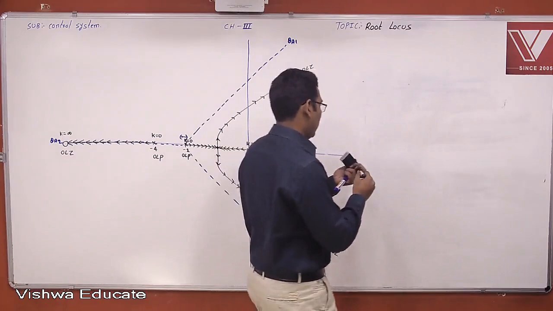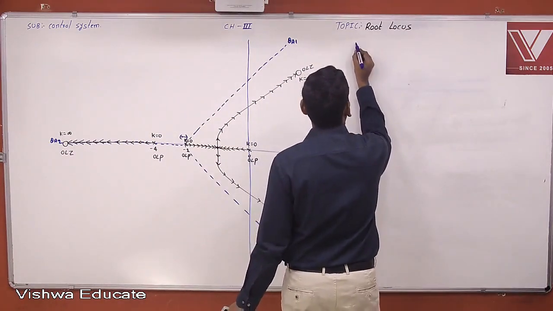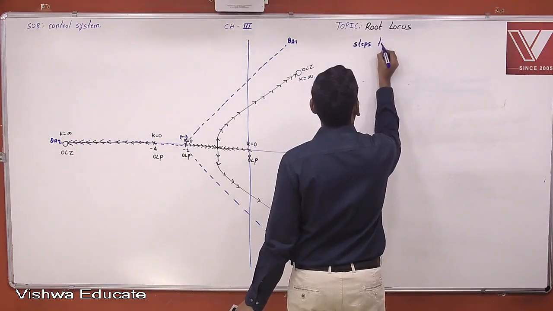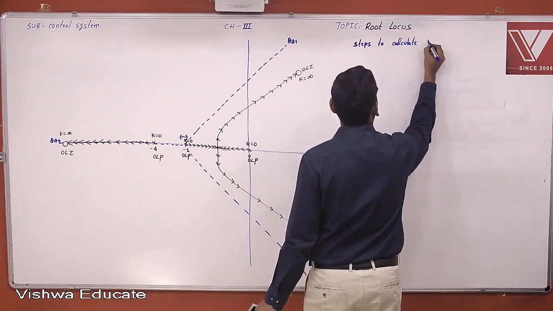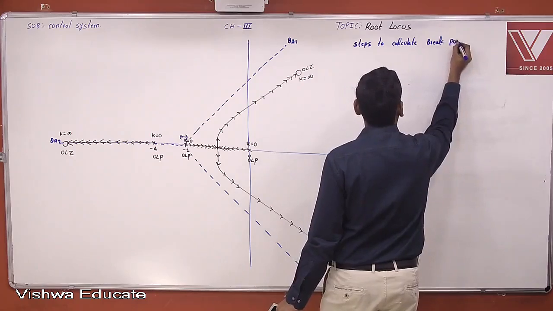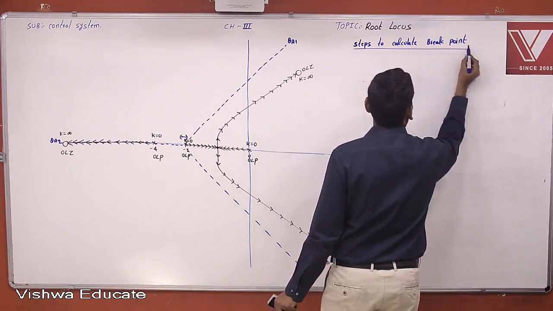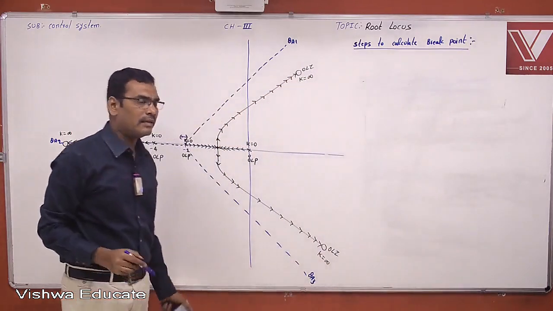Steps to calculate the break point. See here, break point, breakaway point or break-in point all come under the same procedure. This is the procedure for calculating the breakaway point and this is the procedure for calculating the break-in point, same.